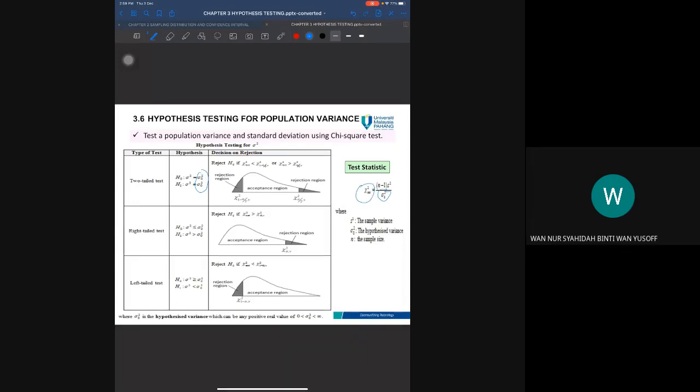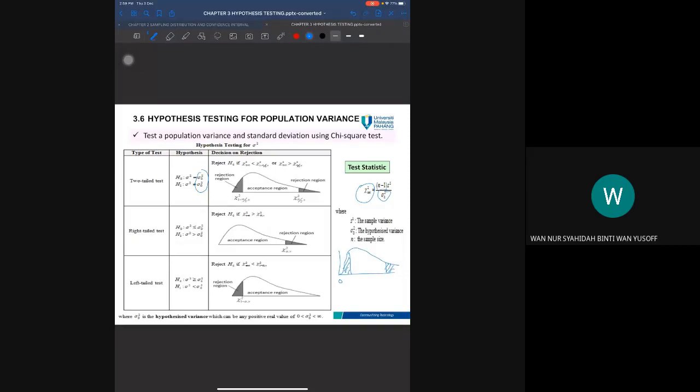Okay, so we use the chi-square test, with a similar idea as a confidence interval. The crucial part is your critical value, because chi-square is a positive distribution. Positive distribution means that when we sketch the figure, it starts from 0. So even if you have the left tail or the two-tail case, the lower critical value is a positive value.